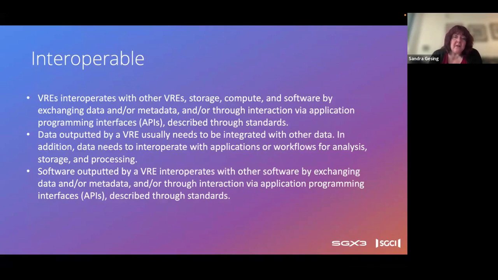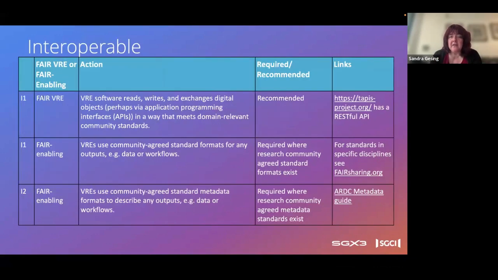So it needs to interoperate with applications or workflows for analysis, storage and processing, and software simulation tools in a VRE interoperate with other software by exchanging data and/or metadata. So we defined this interoperability on these different layers. So it's again between the software framework and then the content of a VRE. Also here we had recommended or required steps.